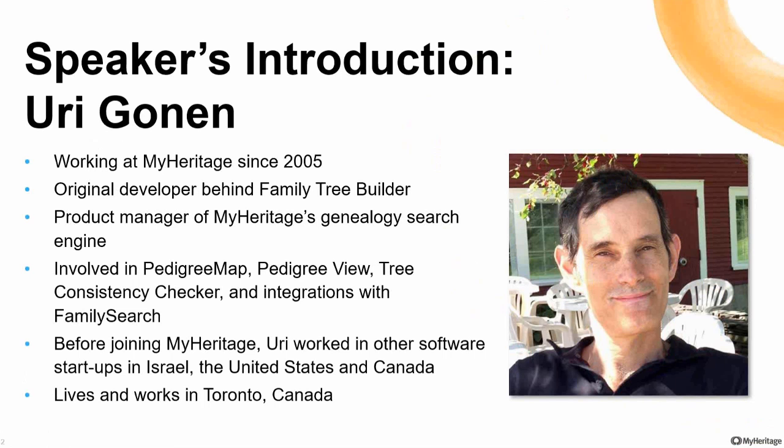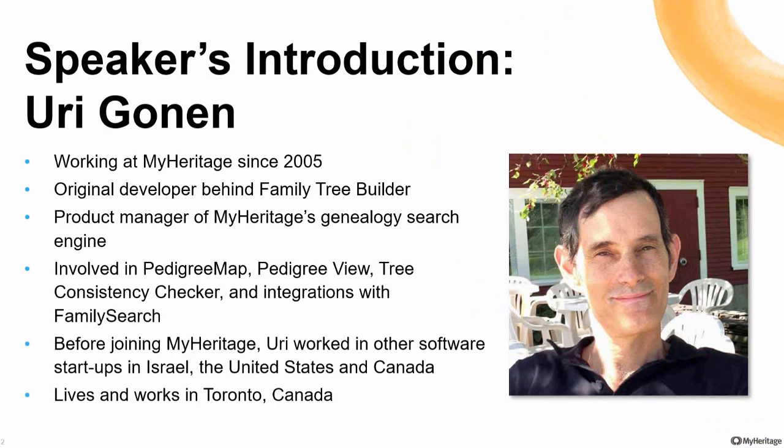And now I'm pleased to introduce our speaker, Uri Gonen. Uri has been working at MyHeritage since 2005, where he took on different challenges and roles in product development and product management. He has been part of the wild journey of MyHeritage, from a small startup to a dominant company in the genealogy space. Among his involvement in key projects of the company, Uri was the original developer behind Family Tree Builder and the product manager of MyHeritage's genealogy search engine.